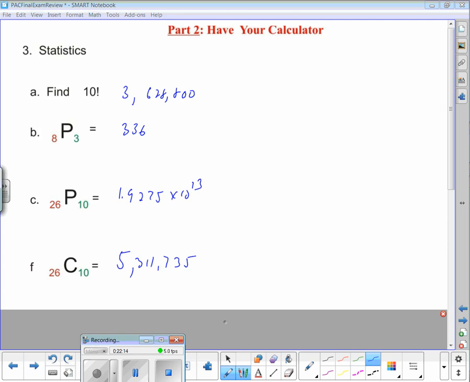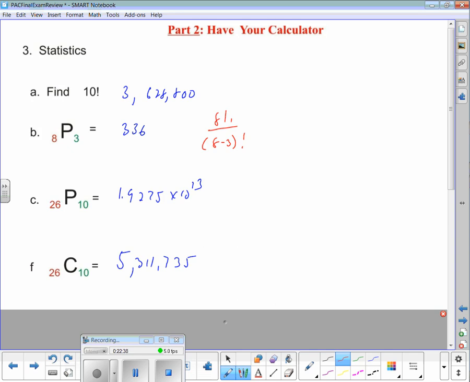So you got 3,628,800 for 10 times 9 times 8 times 7 times 6 times 5 times 4 times 3 times 2 times 1. B, if you had to do the formula, 8 factorial divided by 8 minus 3 factorial. C would be 26 factorial divided by 26 minus 10 factorial.